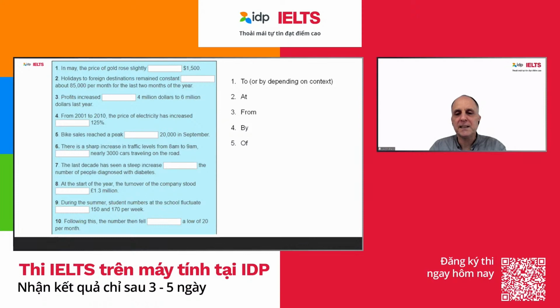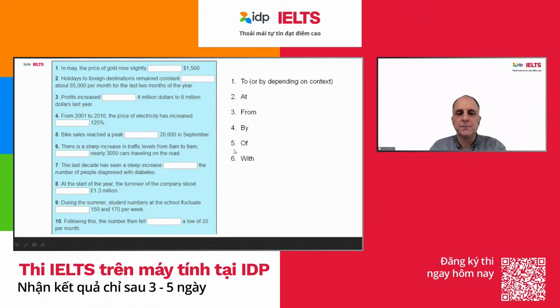With the next one, number 6. At would be okay, but with for this one. Okay. So with nearly 3,000 cars traveling on the road. Okay. At nearly would work as well.